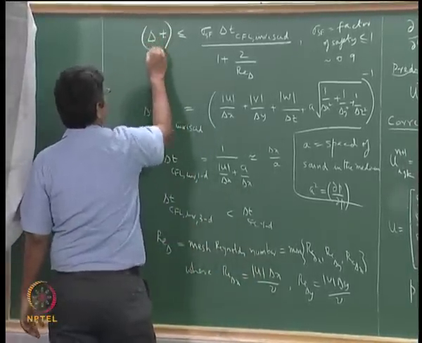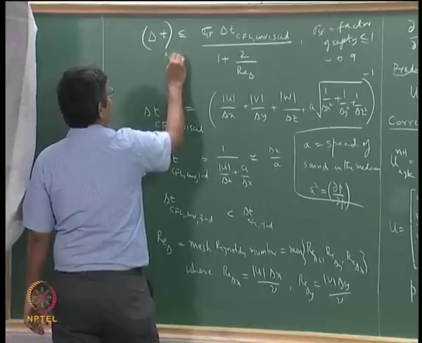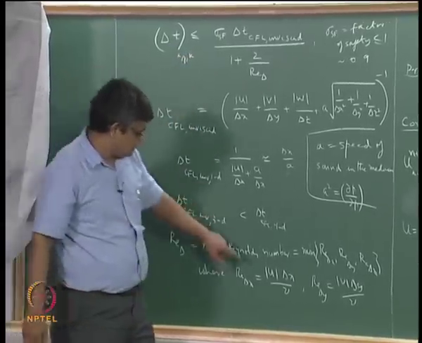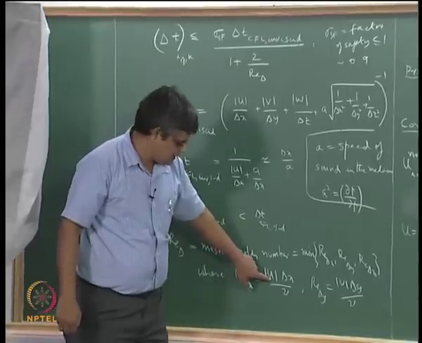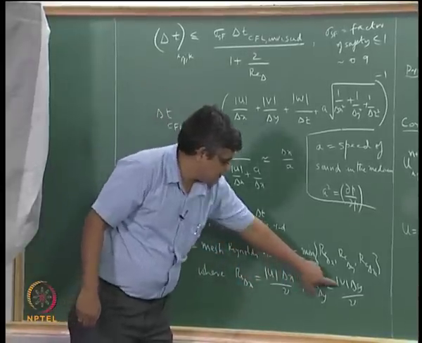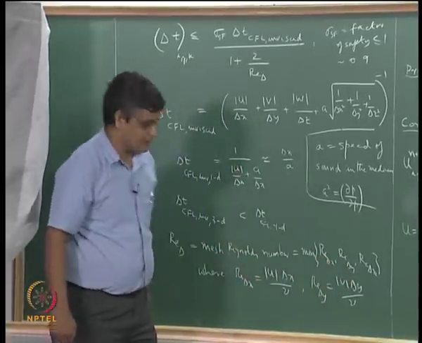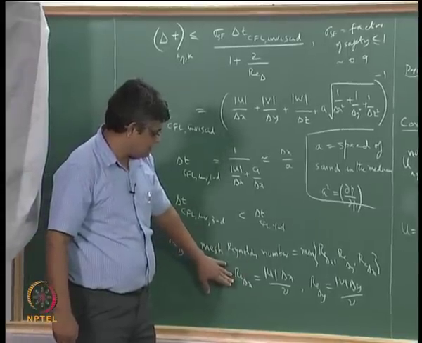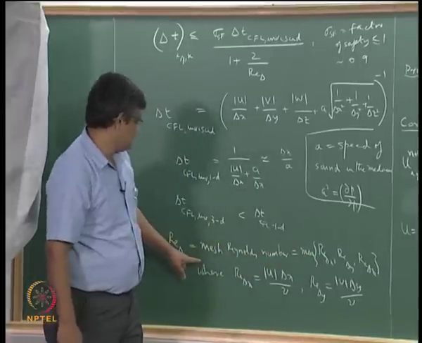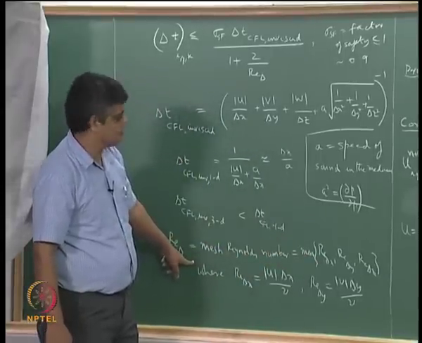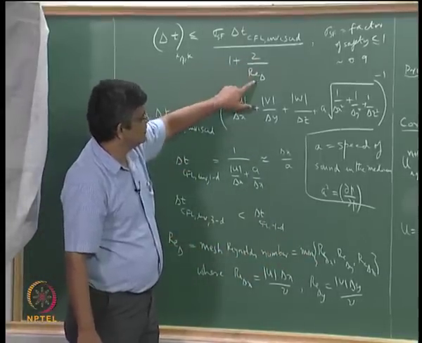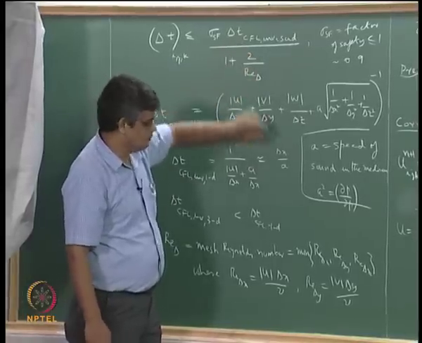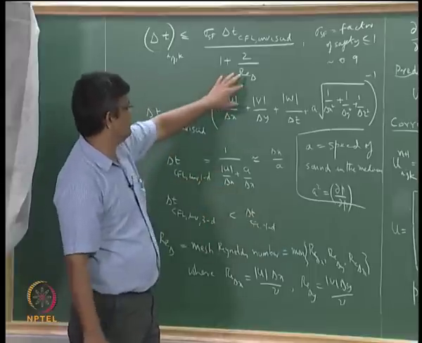So we are looking at delta t at a particular grid point ijk. You evaluate u ijk delta x, and then v ijk delta y and w ijk delta z. Based on these you take the smallest as the mesh Reynolds number, and you put 2 by the smallest of this, and that gives you the largest possible contribution from the Reynolds number term.